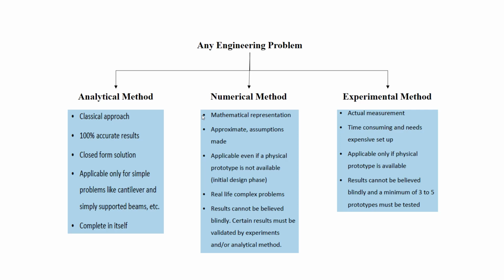So this method can be applied to solve real world complicated problems, whereas if we want to solve complicated problems through the analytical method, it is very difficult, and sometimes we need to approximate, and then we cannot get a fully closed form solution.